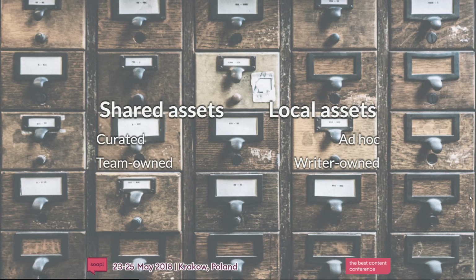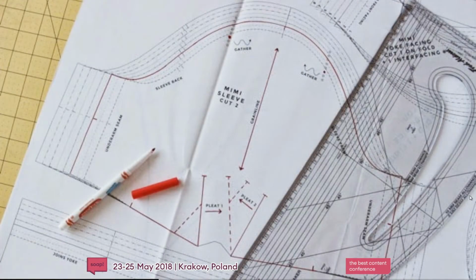And for local assets, the things that each writer is working on individually, that's up to them. What we provide them with is a visual grammar. We provide them with patterns, with assets that enable them to be consistent when they're creating graphics.